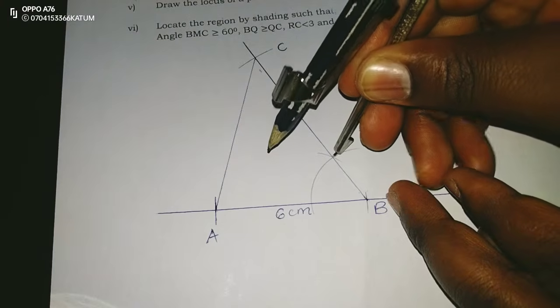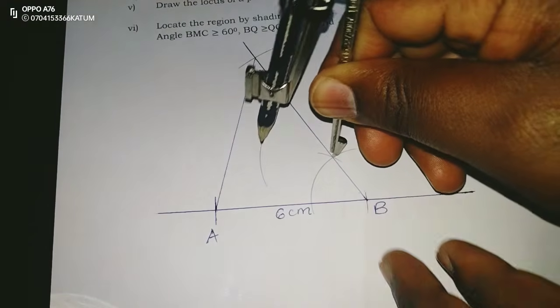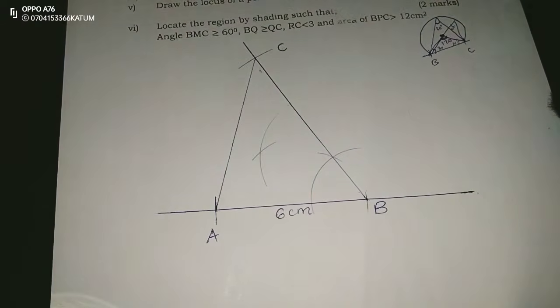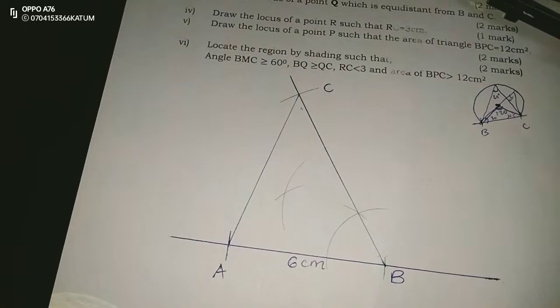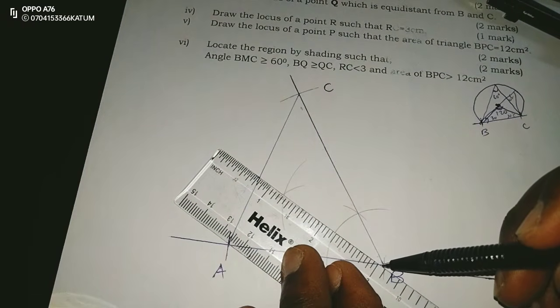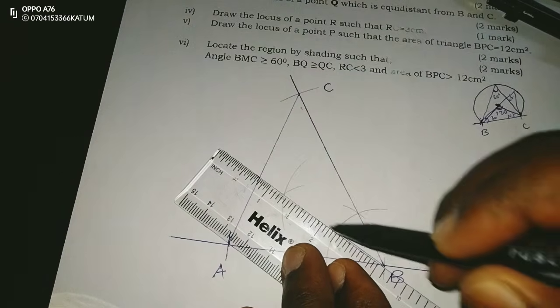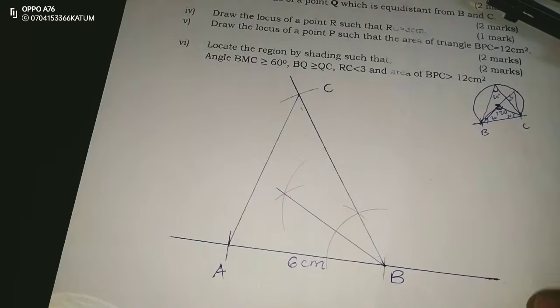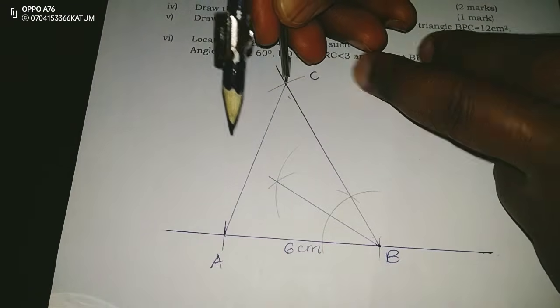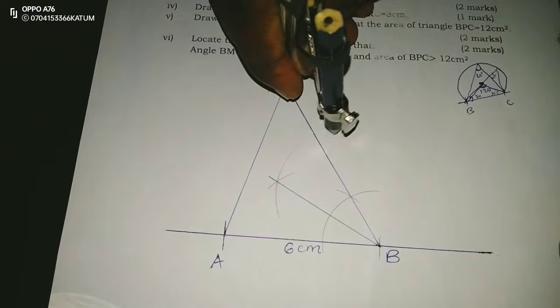I need to first of all bisect this 60. When I bisect this 60, whatever I'm getting here is 30. Then I go again to the other side at point C. I make a 60 and I bisect it so that I get 30.